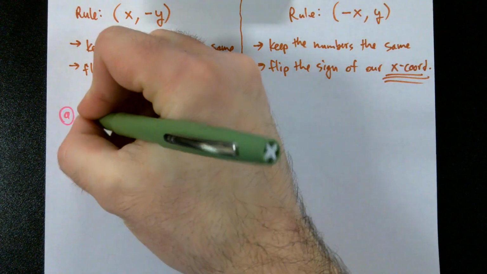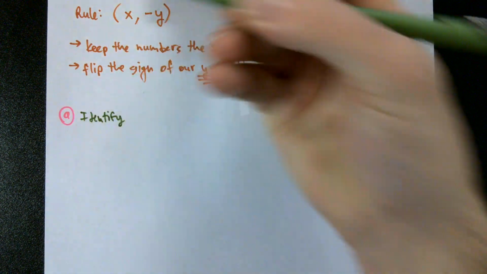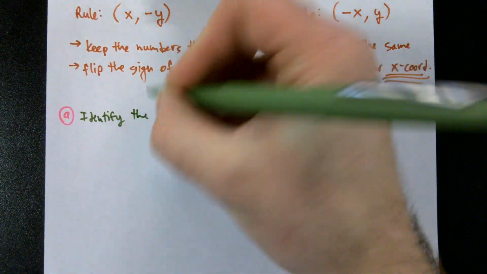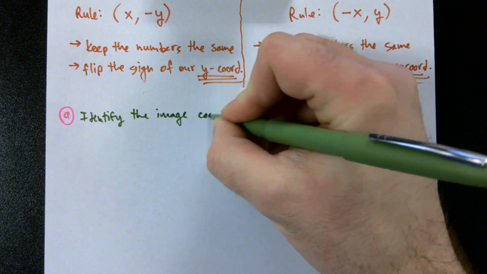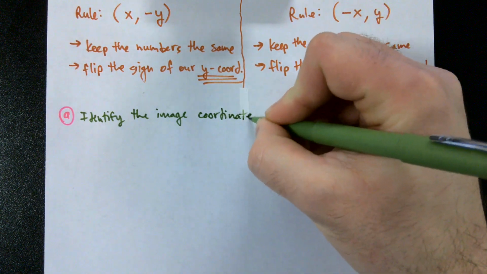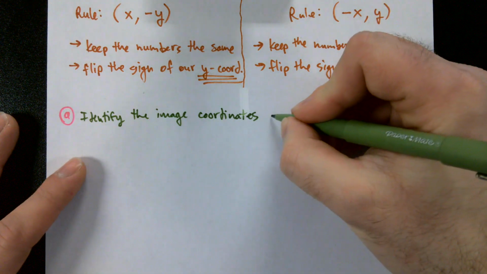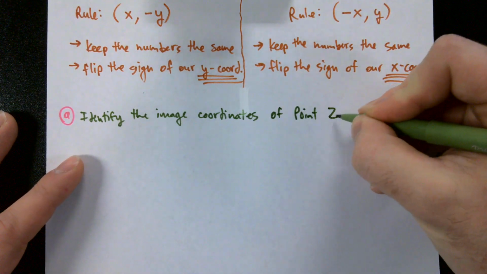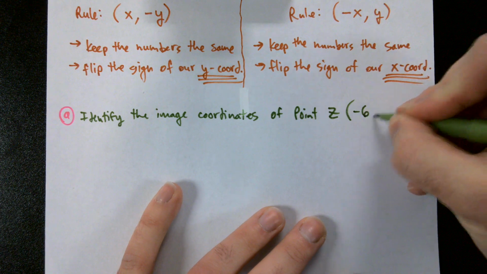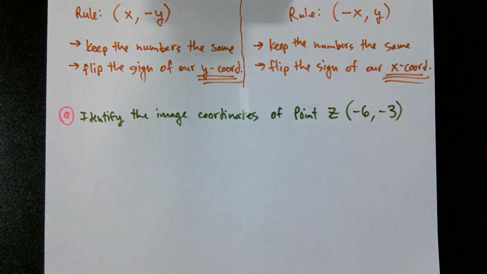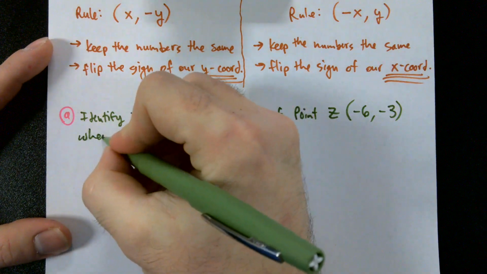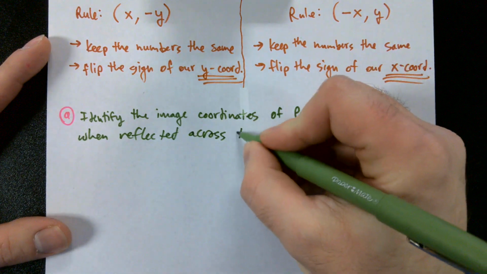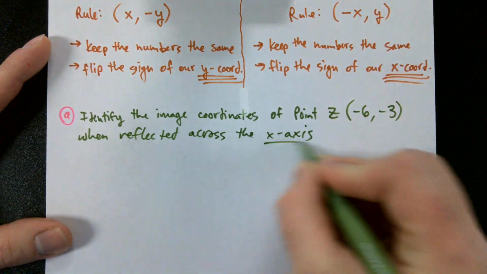Example A: we're going to identify the image coordinates of point Z, which is at (-6, -3), when reflected across the x-axis.